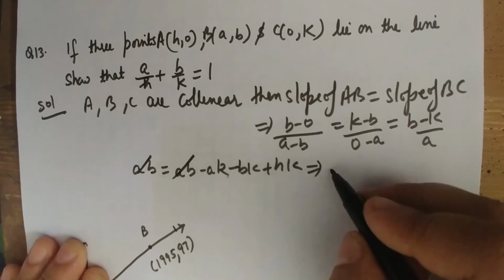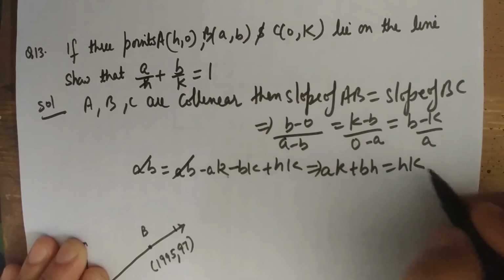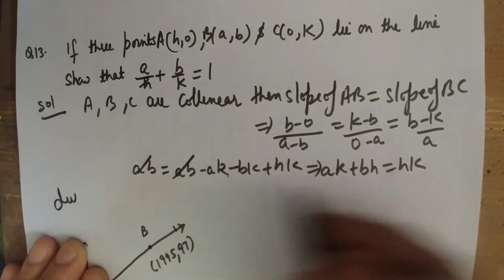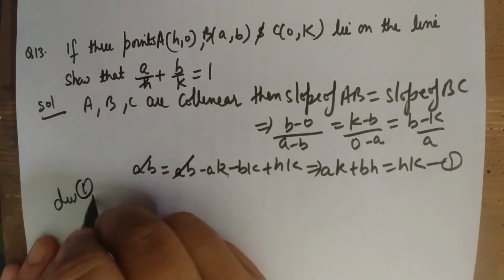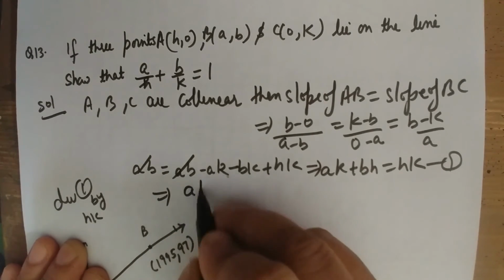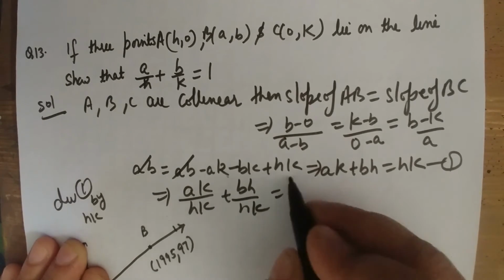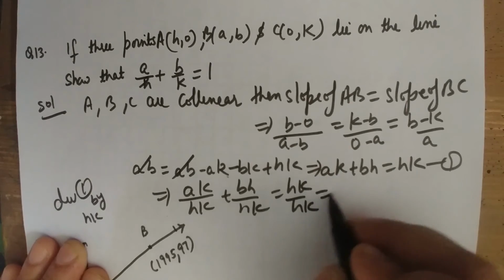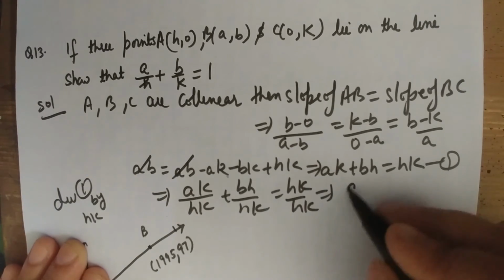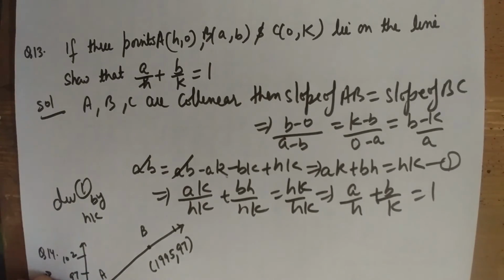From here I get ak plus bh is equal to hk, right? Divide both sides of this equation by hk, as I need 1 on the other side. So it is ak upon hk plus bh upon hk is equal to hk upon hk. So what do I get? From here I get a upon h plus b upon k is equal to 1.